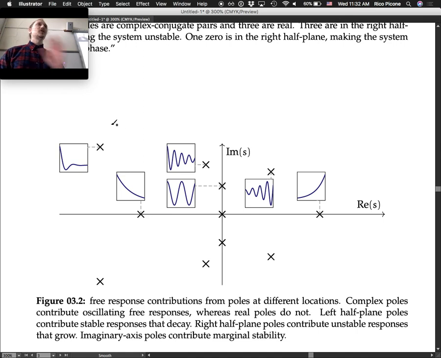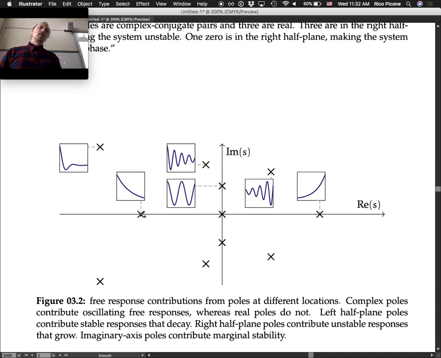This is just straight up what we talked about with second order system free responses. You're going to have this overshoot and oscillation when you look at the free response if it's a complex conjugate pair of roots of your characteristic equation, or similarly poles. Okay, so we've got that contribution there.